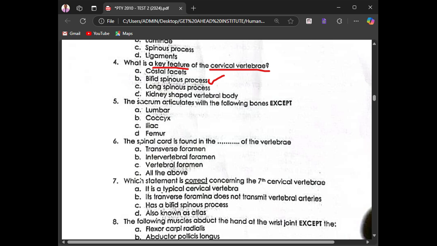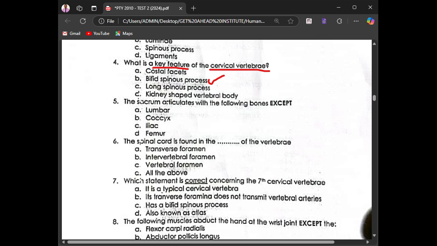When we say that the spinous process is bifid, what we mean is that the spinous process splits into two distally. That is what we mean when we say bifid.